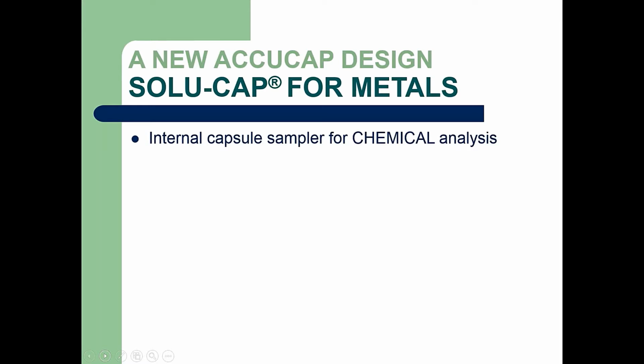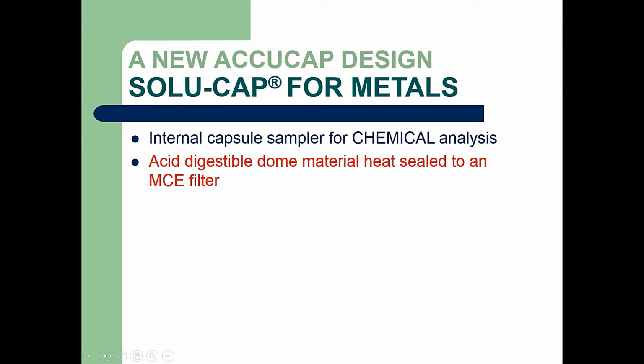Now, given the advantages of the Accucap for gravimetric analysis, which came out a few years ago, NIOSH decided to use the same concept for chemical analysis of metals. In this case, the internal capsule sampler has an acid digestible dome material that is heat sealed to an MCE filter.